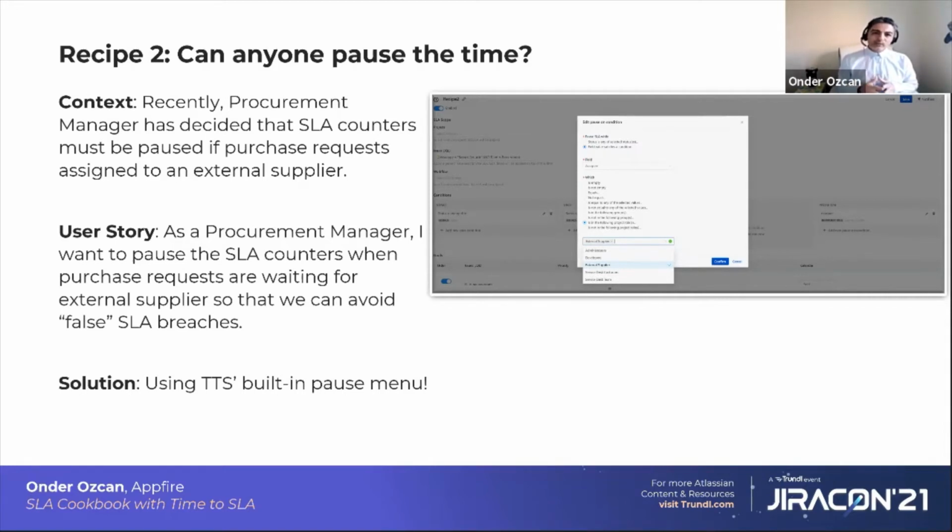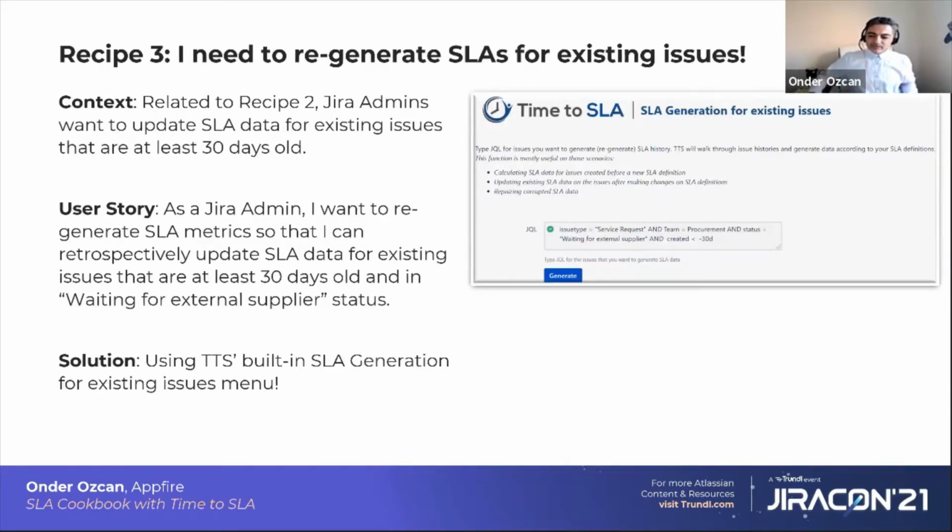And moving on to the next one, it is related to that one actually. So recipe 3 is, I need to regenerate SLAs for existing issues. Again, it is related to the previous one, and now the persona is different. Now it's our Jira admins, right?